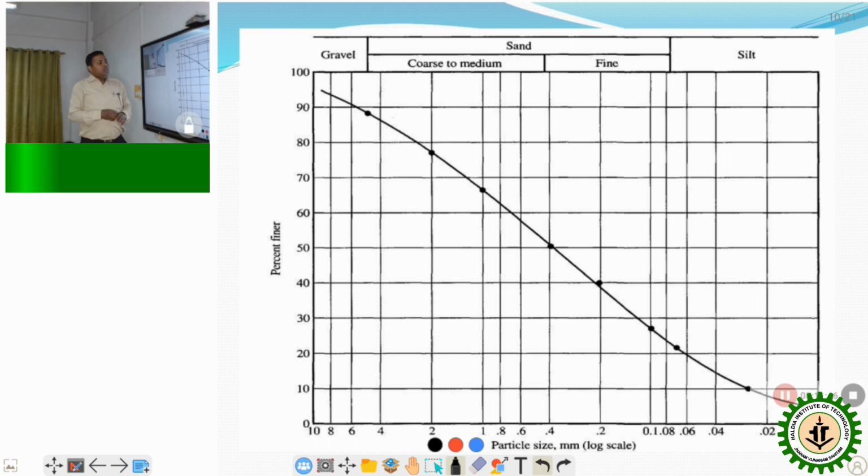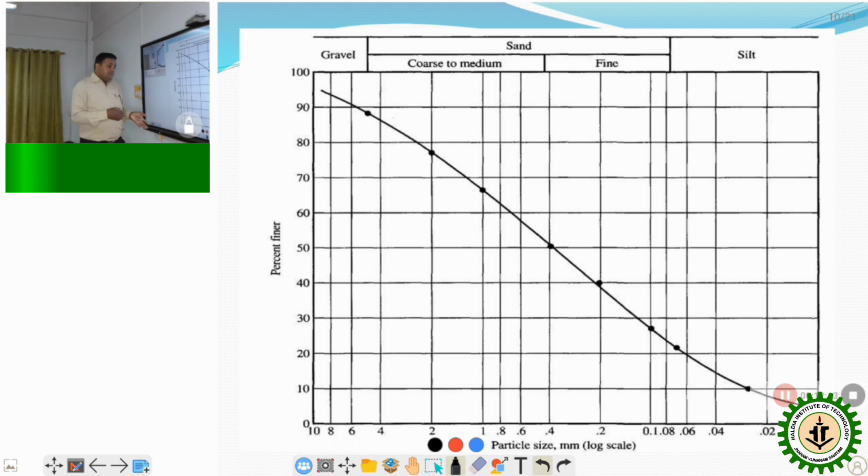That means it will look like an S. Here, in this graph, the scale has been taken along the x-axis in descending order, starting from 10 mm to 0.01 mm.